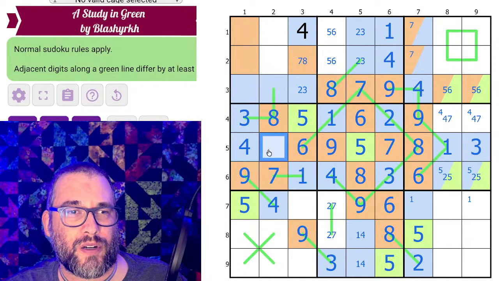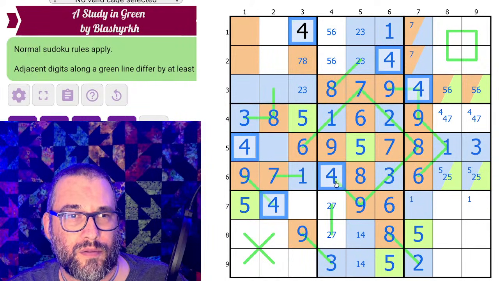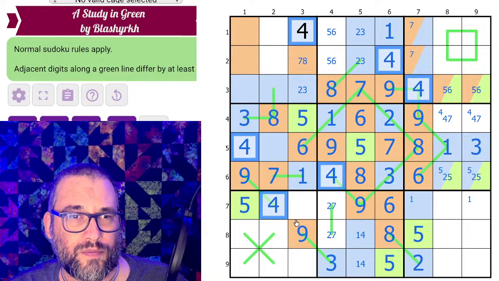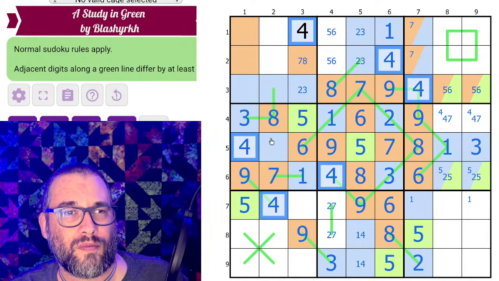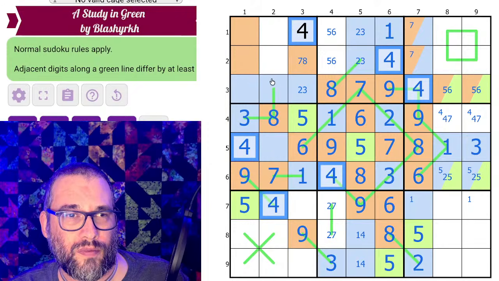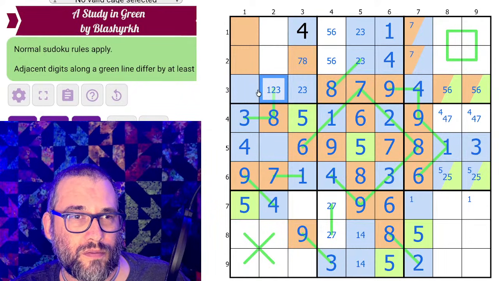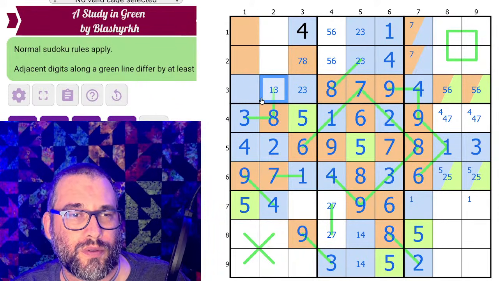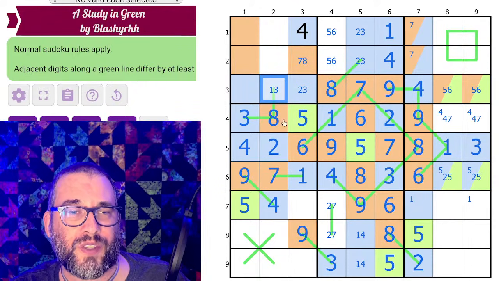That's a 4. Sure is. Oh, that's just a 2. For lots of reasons.